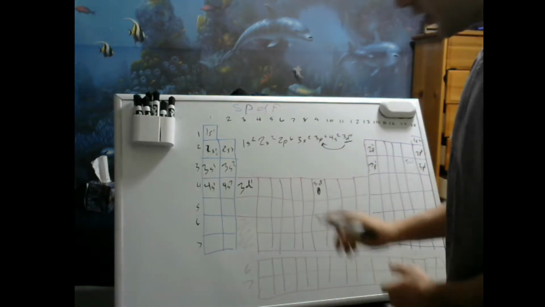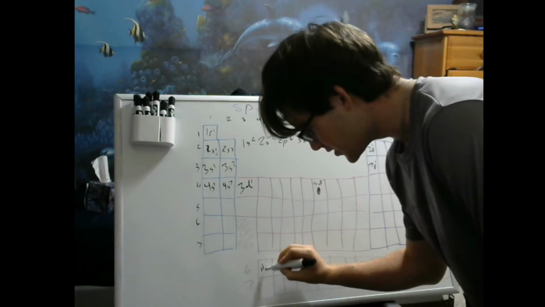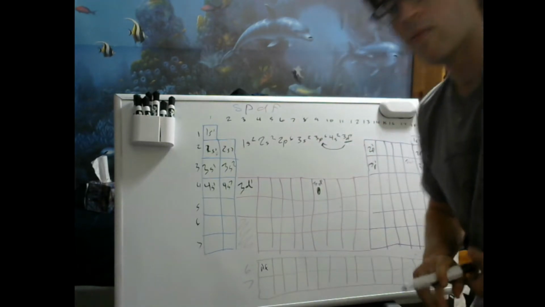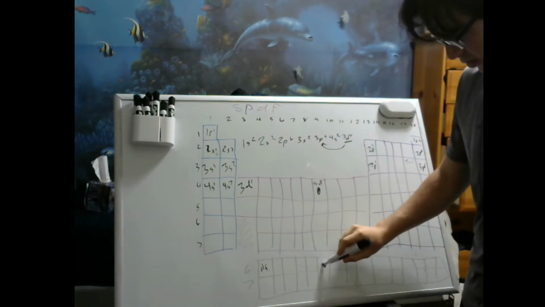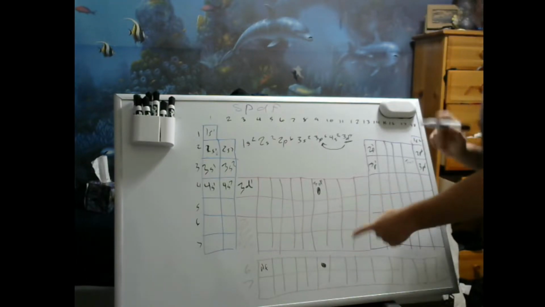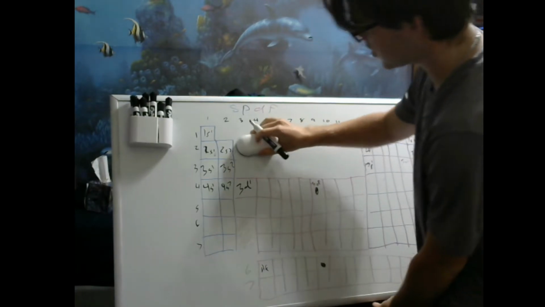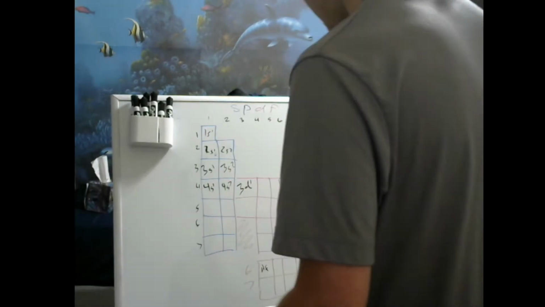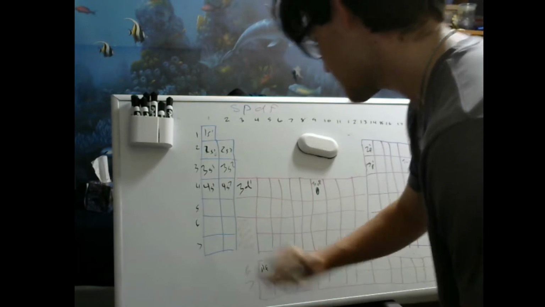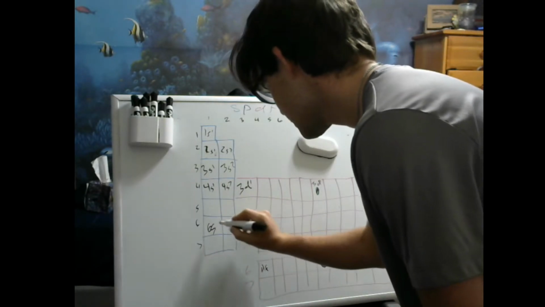Because once you get down here, this is 4F. But say we were down here. That's a long way. That's in the 6th. So this is 6S.